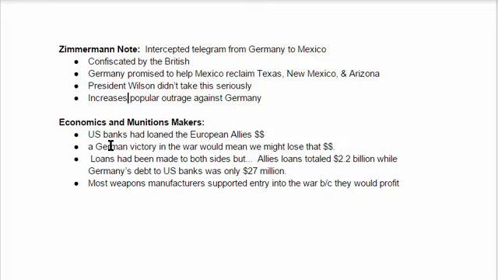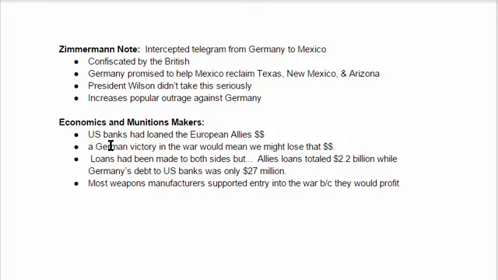We're really worried that we might lose all of the money that we had invested with the Allies. Just to give you an idea, we'd loaned $2.2 billion to the Allies, and only $27 million to the Germans. So it wasn't one-sided. If the Germans win, we lose a whole bunch of money. That was a contributing factor to the war.